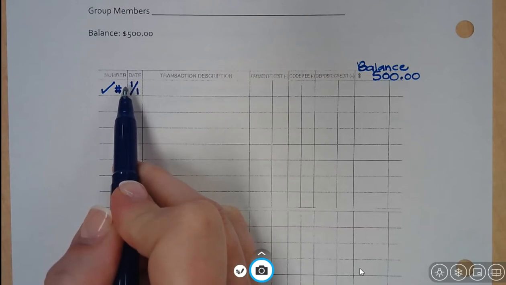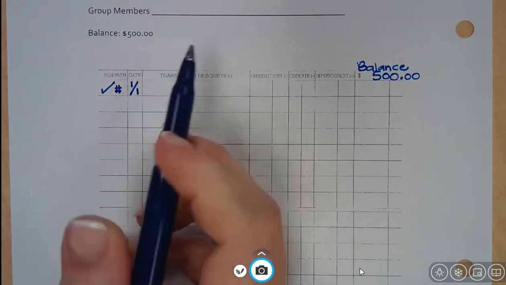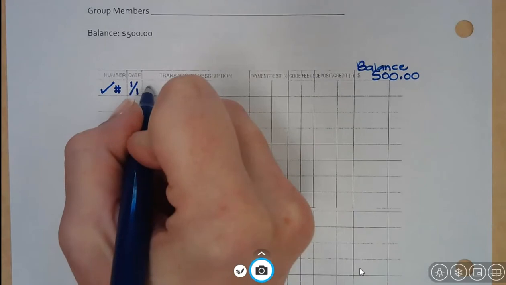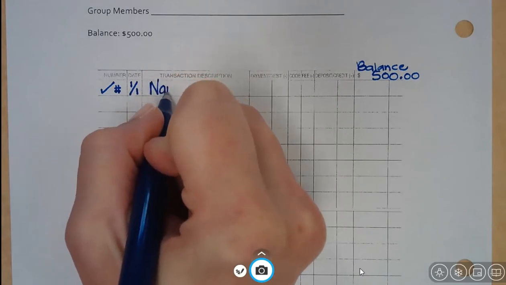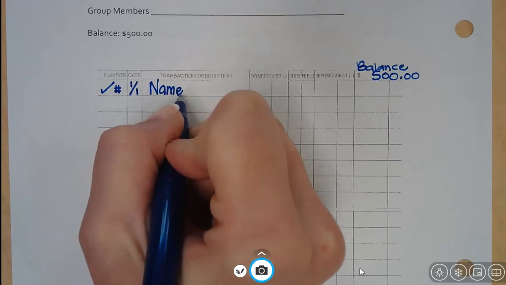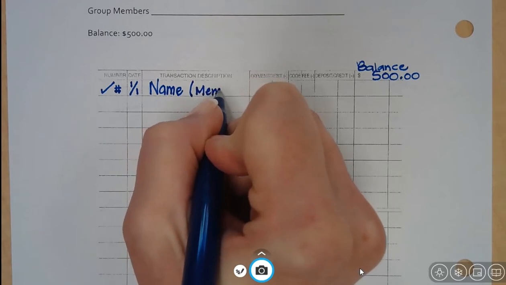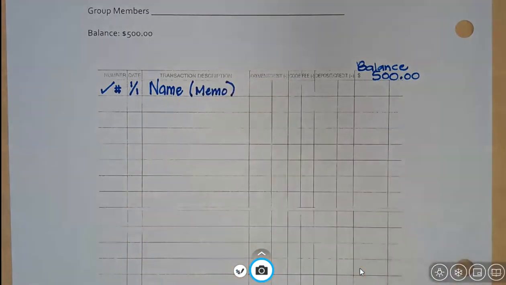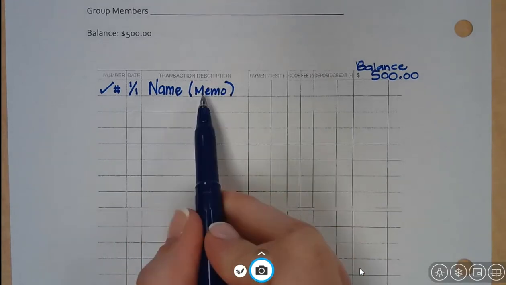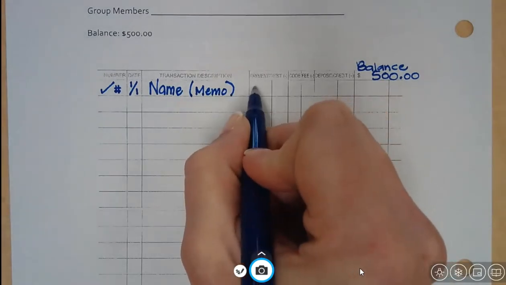If it was February, it would be a 2 for the second month. And then the day would be listed by a 1. So January 1. The transaction description would be the name of who I wrote it out to. So if you all wrote me a check, you'd write my name there. And then you can write a memo of what it was for. Maybe you wrote me a check for tutoring. You would write Mrs. Reno, tutoring. Then you would put the amount that you paid me here.